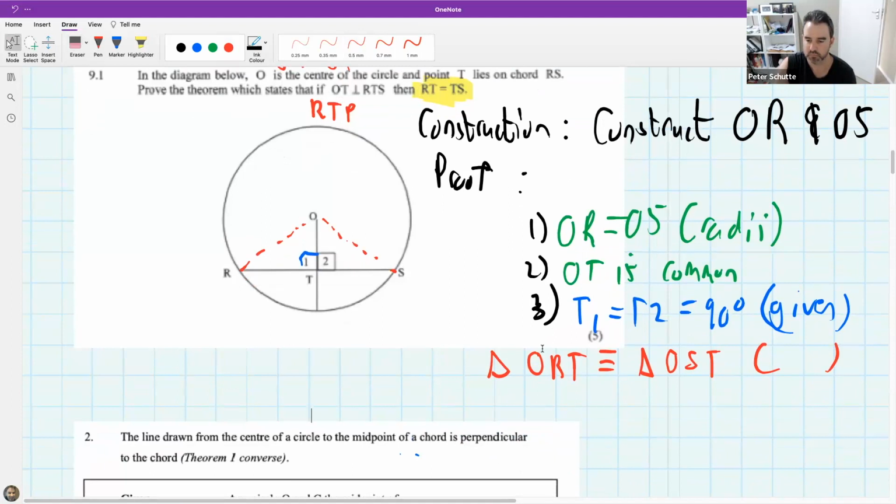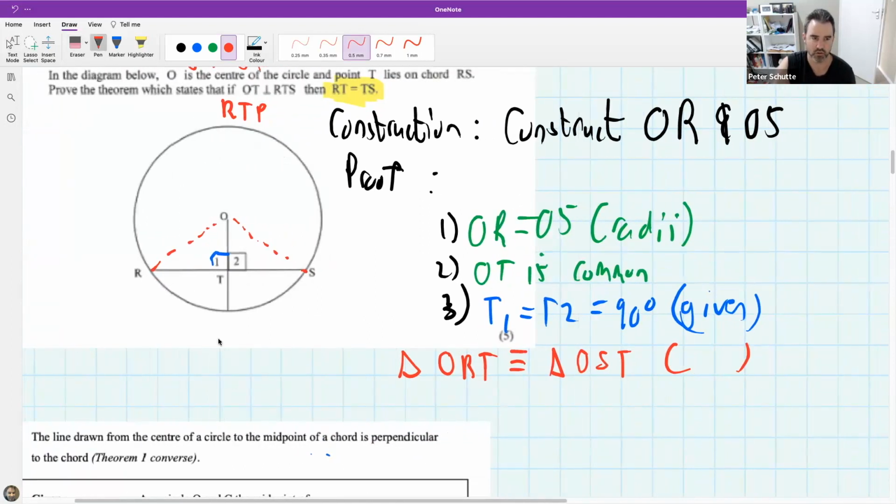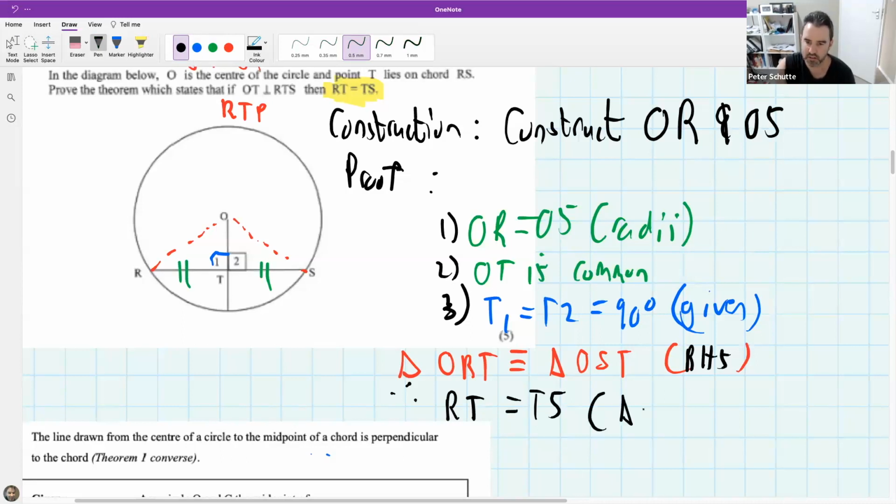I've got a right angle, I've got a hypotenuse, and I've got a side. So we're going to have RHS, and therefore RT is equal to TS. And the reason is the congruency that we just proved above. So we just write it down exactly like you just did.